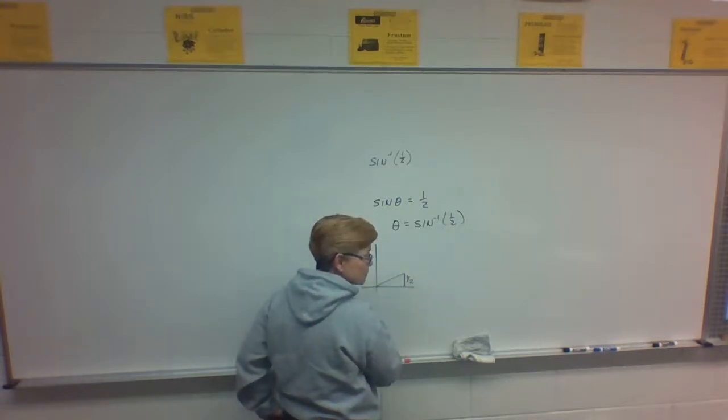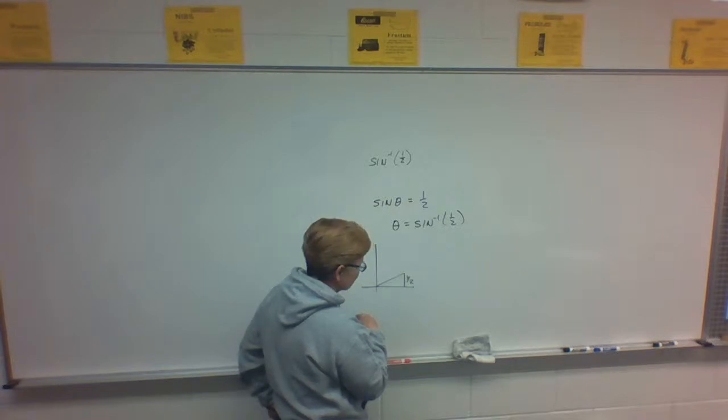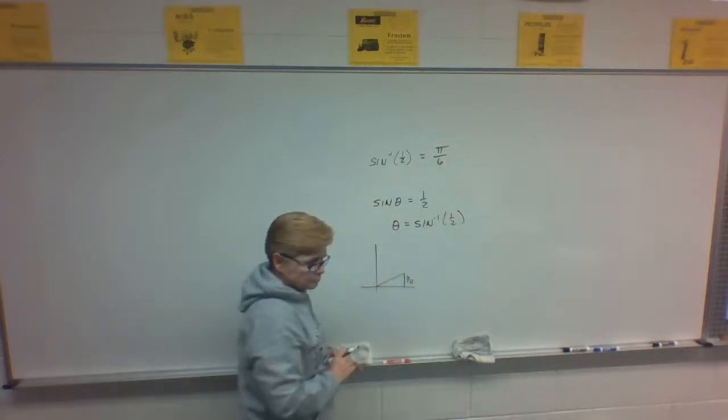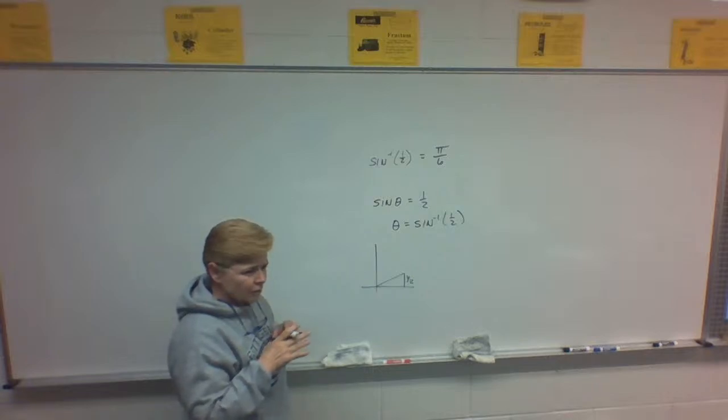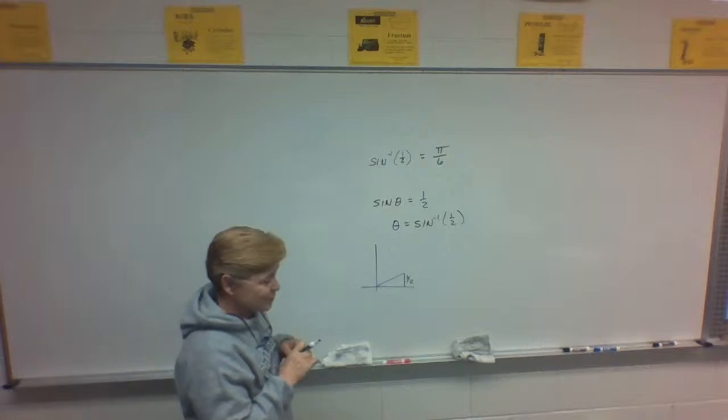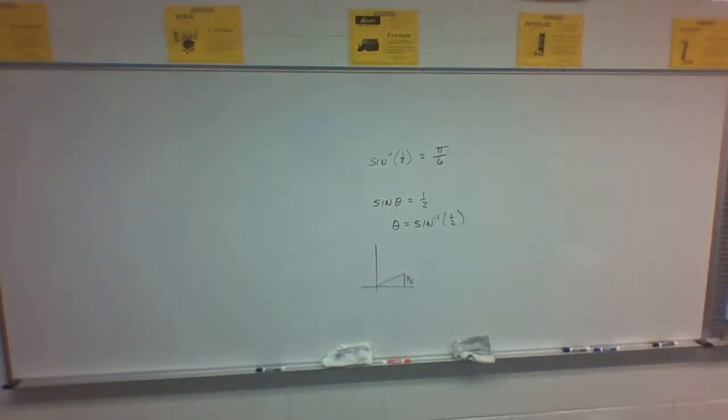What angle is this? 30 degrees, which is pi 6th, is the answer to that. That's the angle whose sine is a half. See it? This is hard to acclimate to at first. I understand that. Okay, look at the next one. Inverse sine of negative root 3 over 2. Which quadrant are we going to look in?